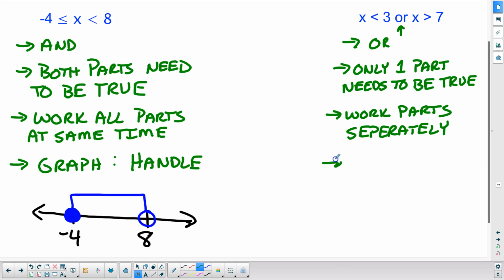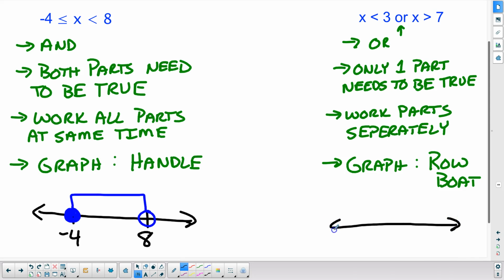Your graph is going to be a rowboat. Okay. So we're at 3 and 7.